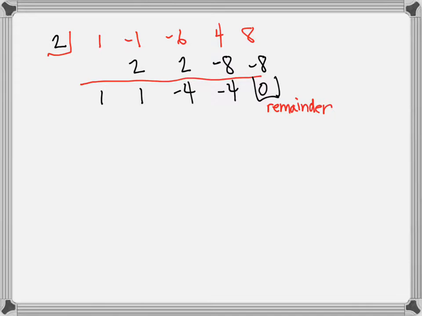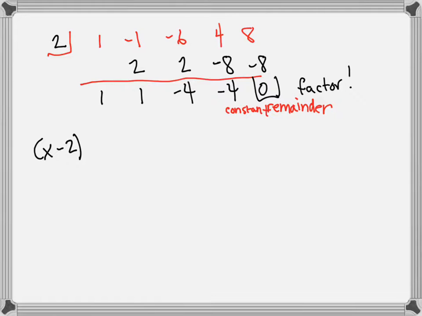So that means if we get a remainder of 0, 2 is a root. So now we know x minus 2 is a factor. I can go through this process again with 1, 1, negative 4, and try another possible rational root.